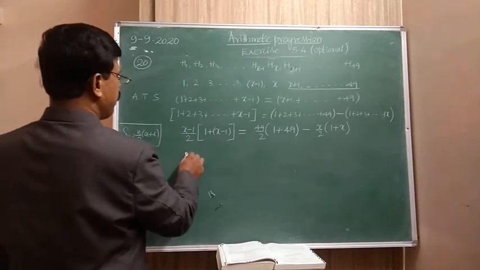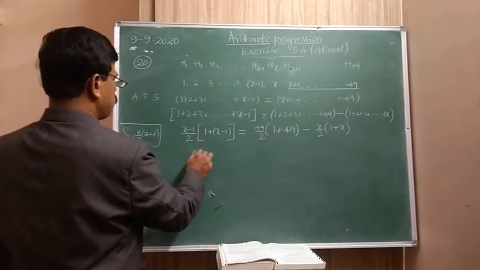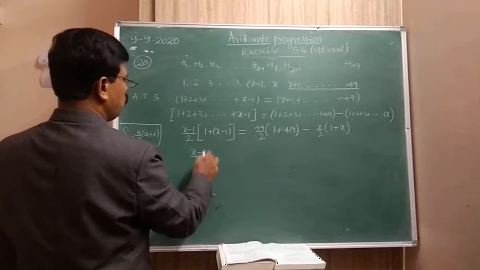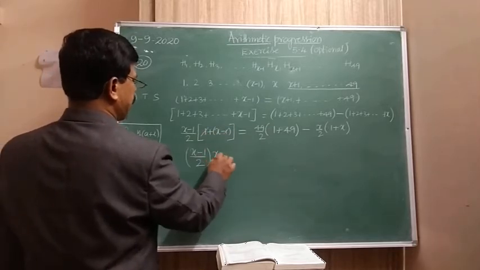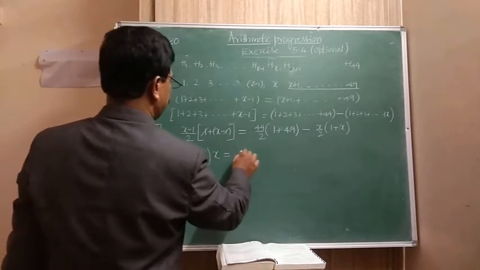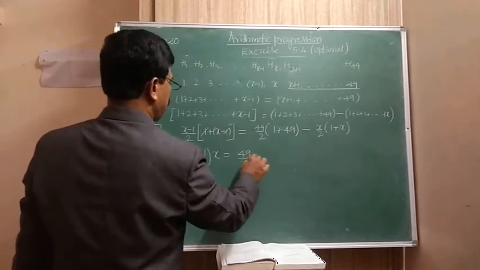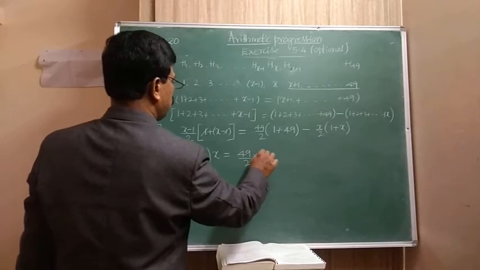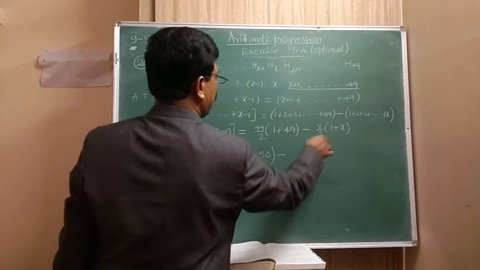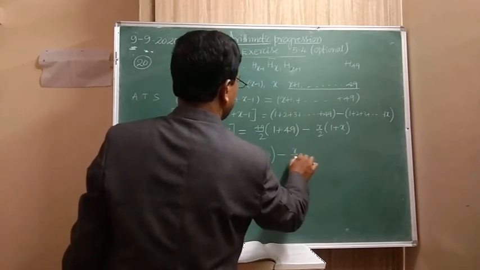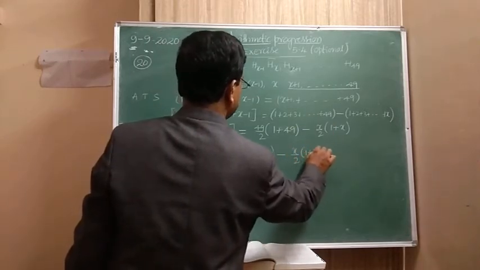Now on simplifying this, x minus 1 by 2, here the 1 gets cancelled, here you get x. Then here 49 by 2 into 50 minus x by 2 into 1 plus x.